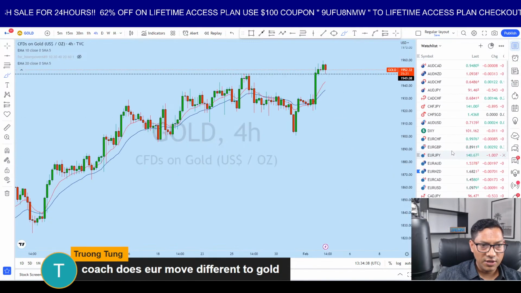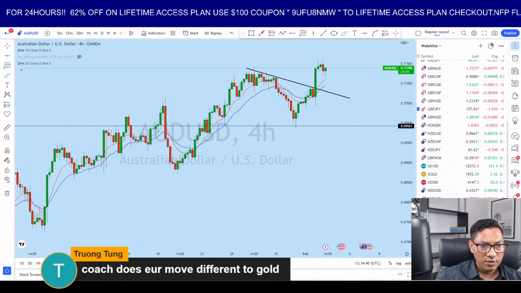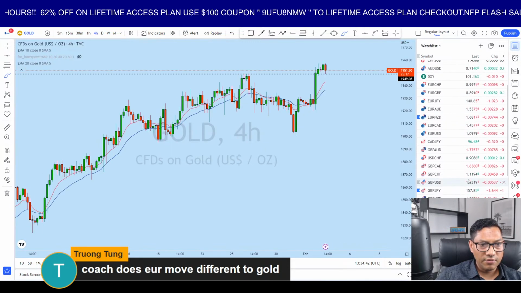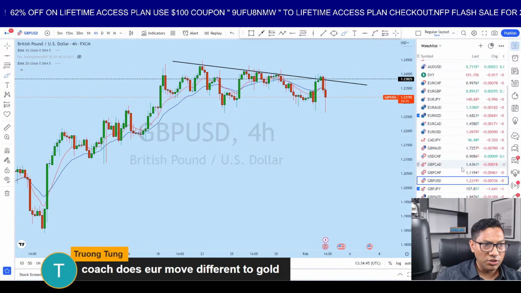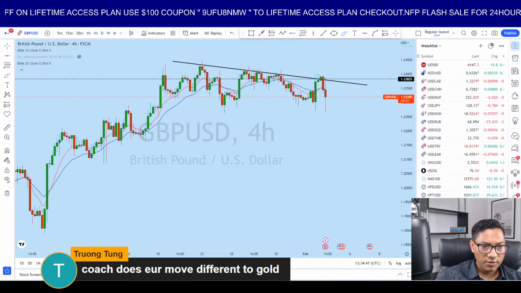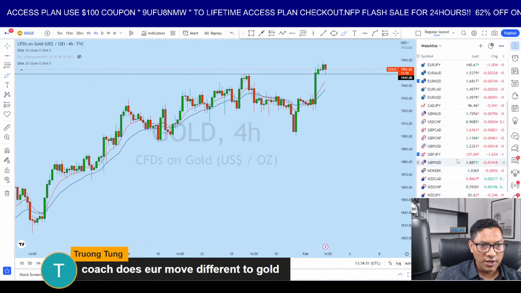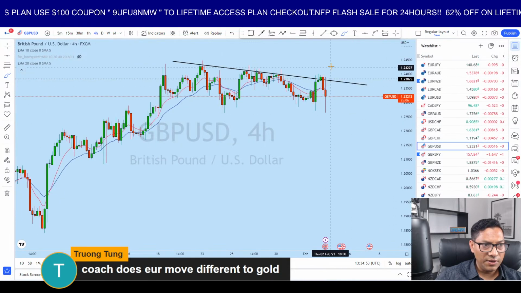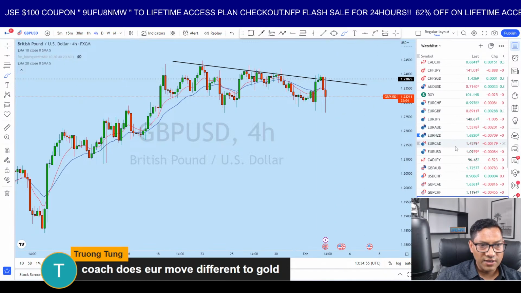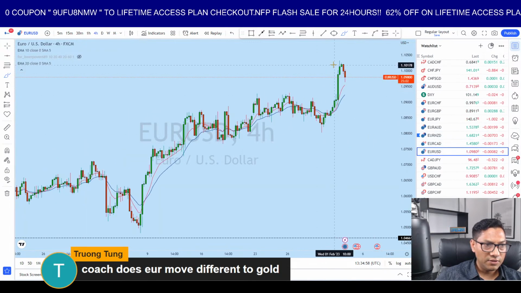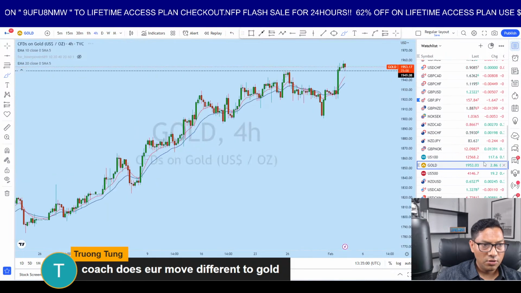You see that? AUD USD, gold. The second mirror is GBP USD. You can see GBP USD, gold. Let me look at it. Okay, see, not that much, but a similar kind. The third reflective is euro dollar. You can see a similar kind, euro dollar, gold.